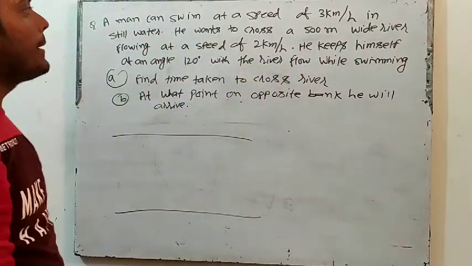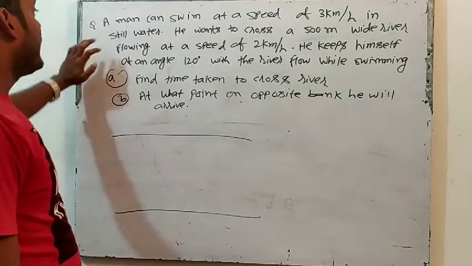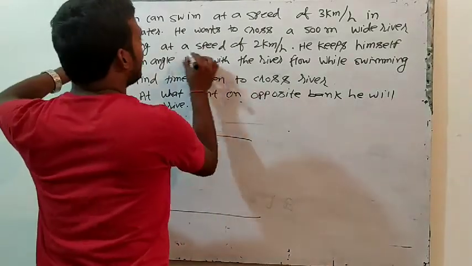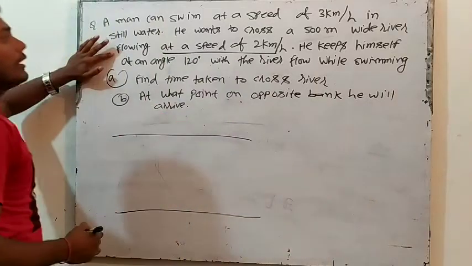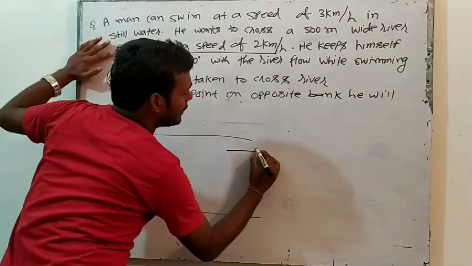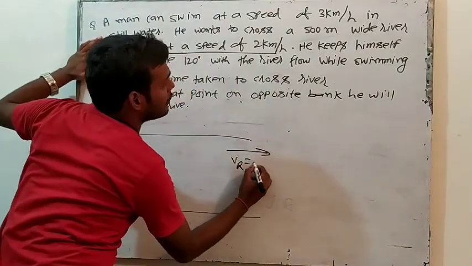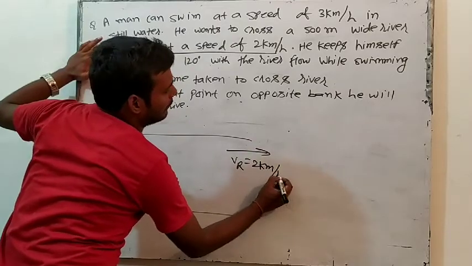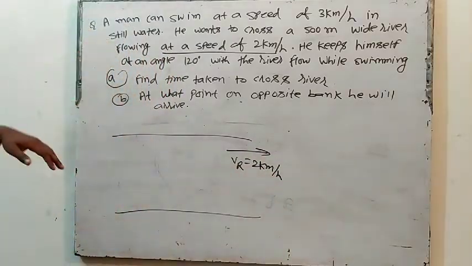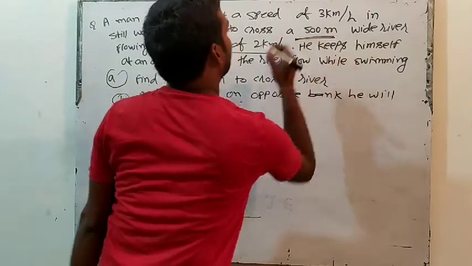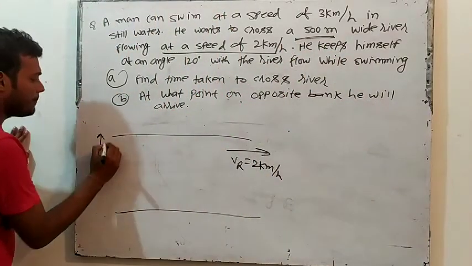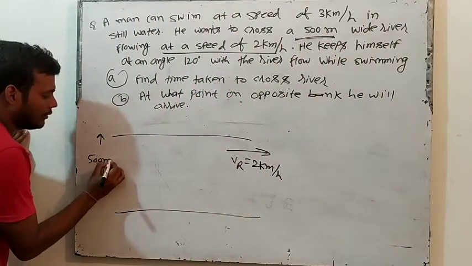He wants to cross a 500 meter wide river flowing at a speed of 2 km per hour. So velocity of river is given as 2 km per hour, and the river is 500 meter wide.